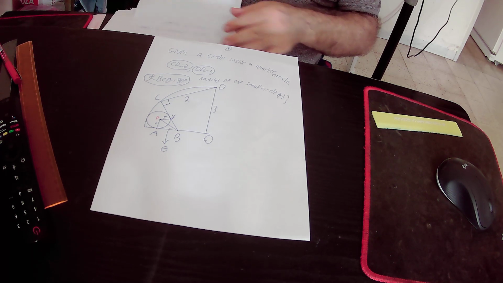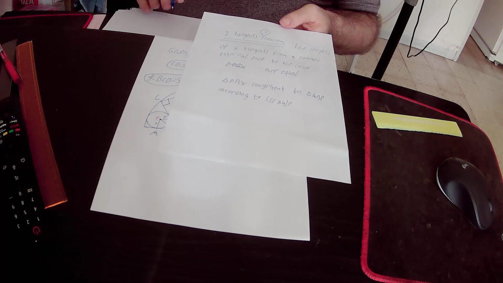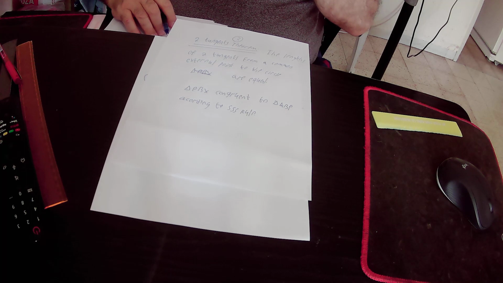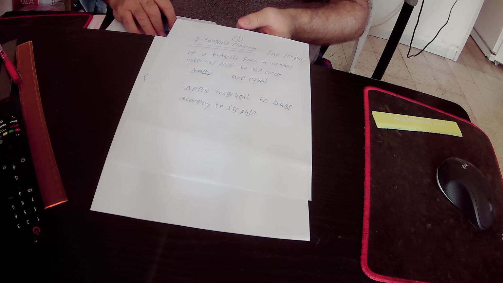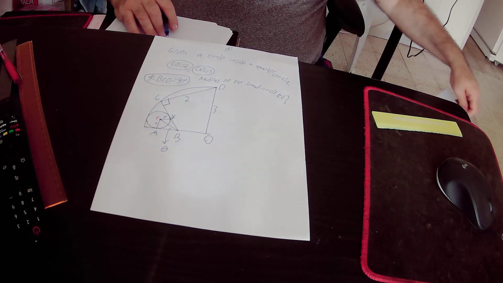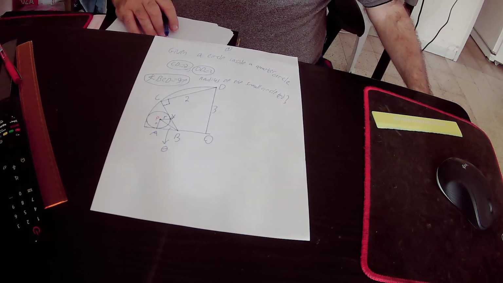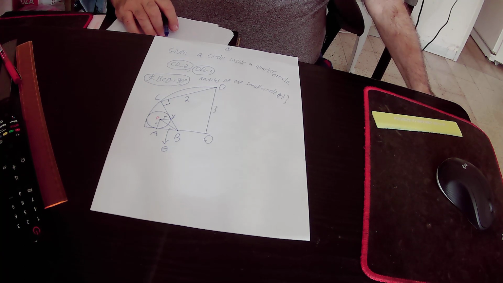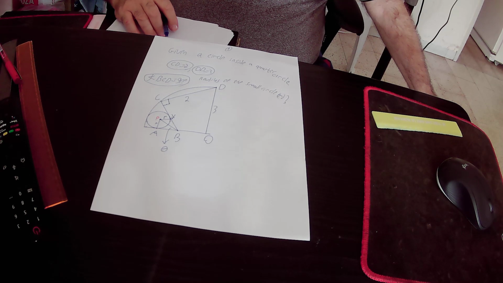So I will read again what I wrote. Triangle PBX is congruent to triangle ABP according to the side rule. So if you prove that all the sides of one triangle are congruent to all the sides of another triangle, then those two triangles are congruent to each other according to the side rule.